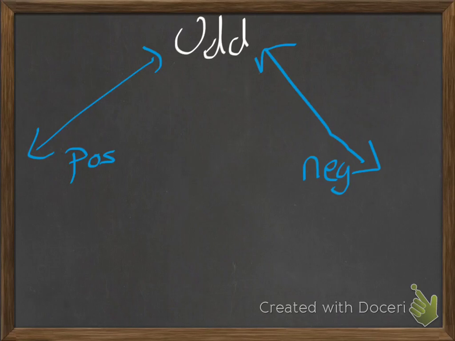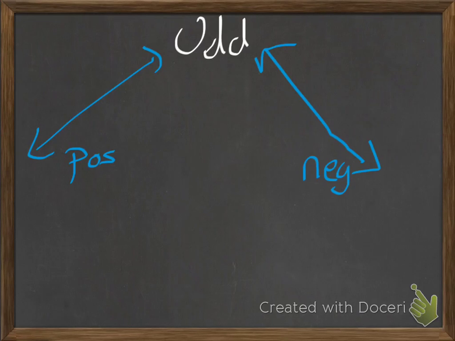If you're positive, you start low, go high. If you're negative, you start high, go low. We always read a graph from left to right, and that's the reason I always start with the left-hand side.